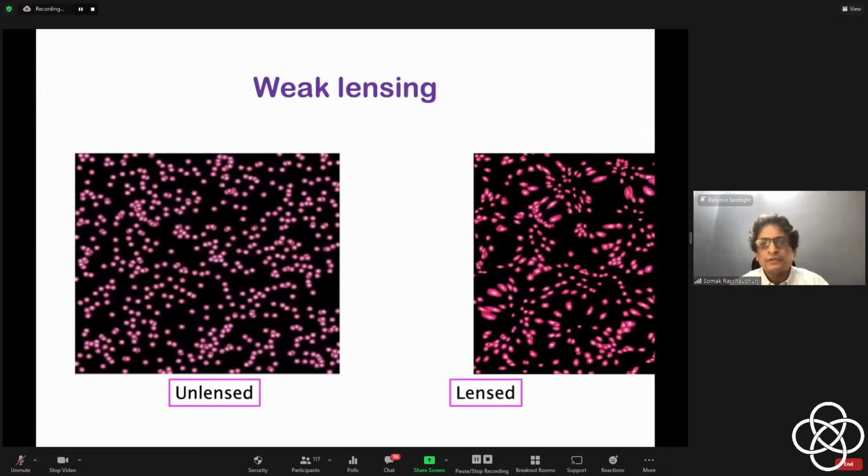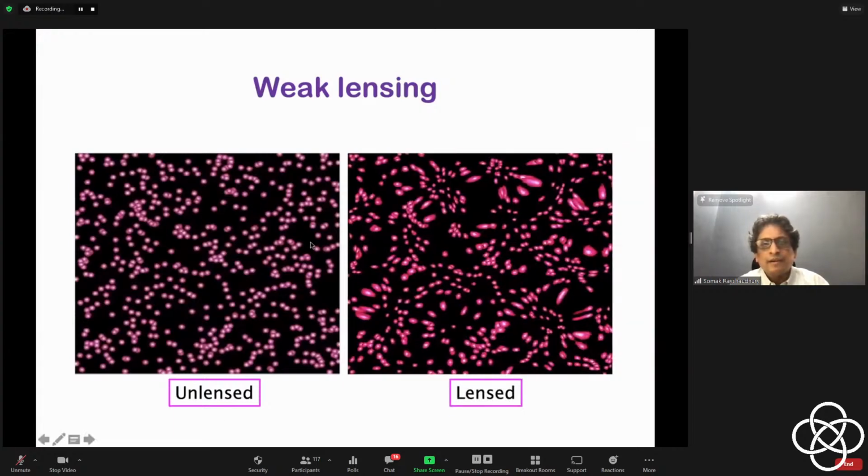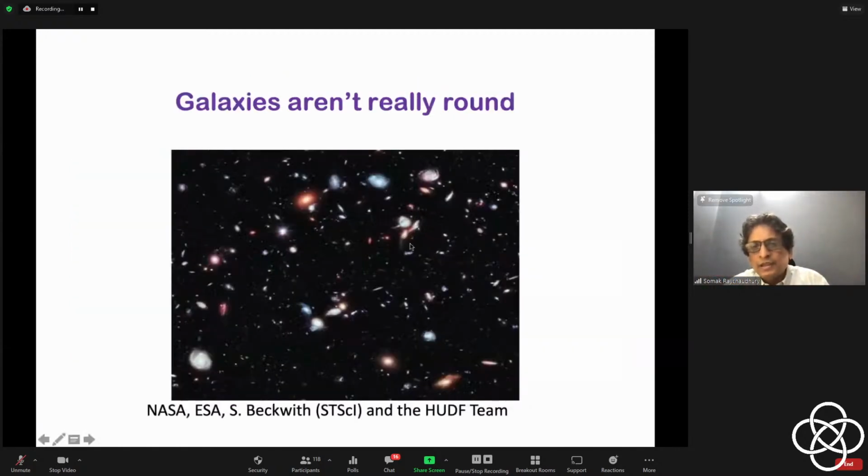So what happens is, for example, you can have a distribution of galaxies in the background, and you put a lens, like a cluster, in the foreground, and you start seeing systematic effects of distortion, which has to do with the mass distribution. And you can already, your eye can pick out systematic effects, but the galaxies are not all round, as you can see.